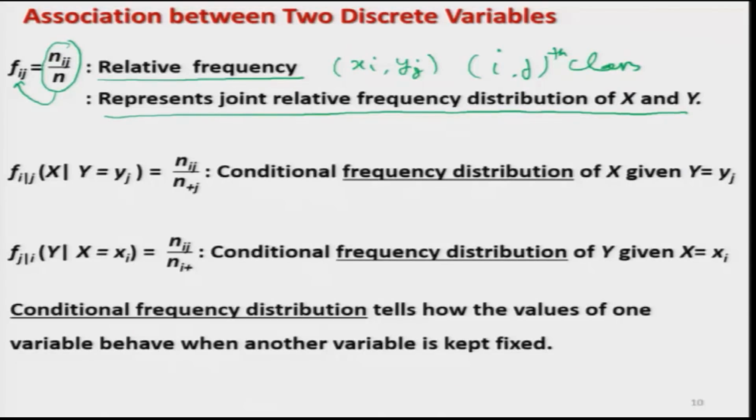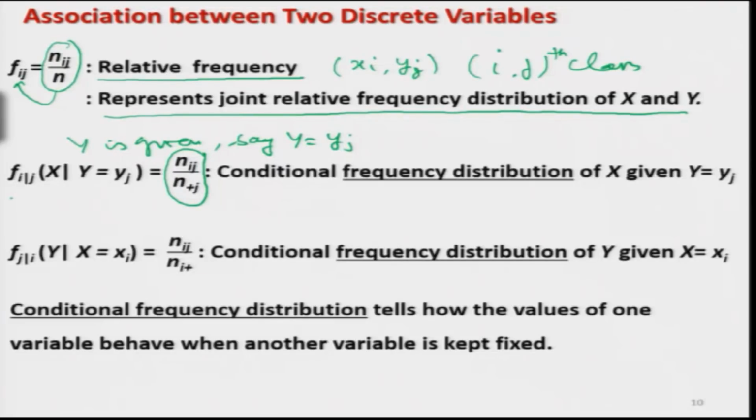So, when the value of y is given, say y equal to some particular value yj, then the conditional frequency distribution of x given y equal to yj is obtained by nij divided by n plus j, that is the frequency divided by the marginal frequency of that class.